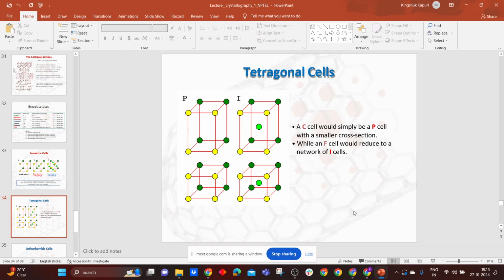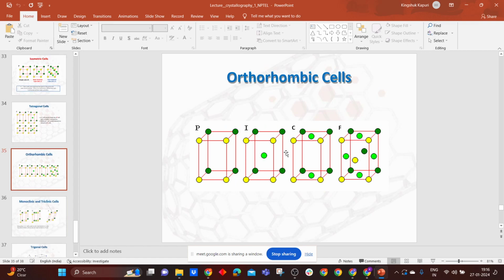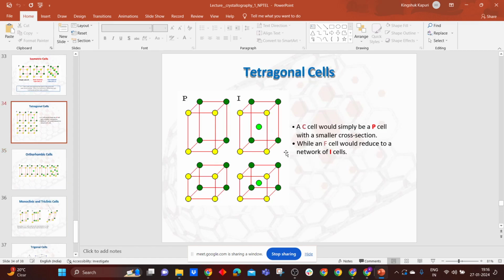And similarly, the Bravais lattice can also be done for the primitive tetragonal and the body centered tetragonal, while there is no F centered, because all the face centered will always reduce to a network of a body centered for the tetragonal cells.